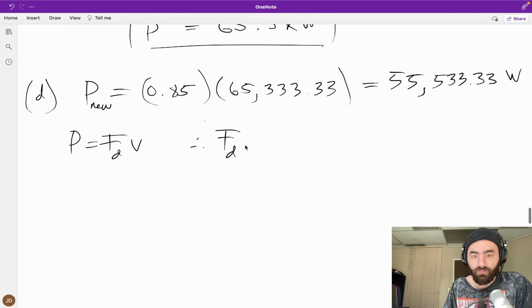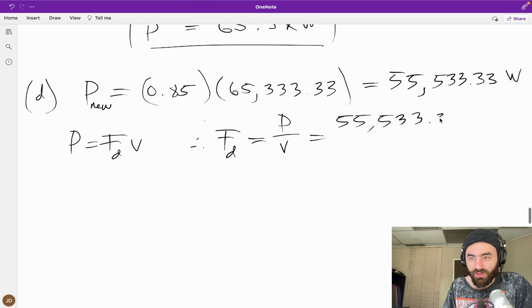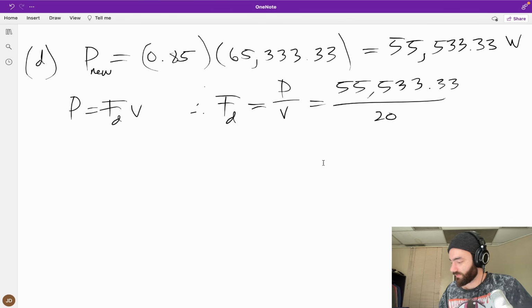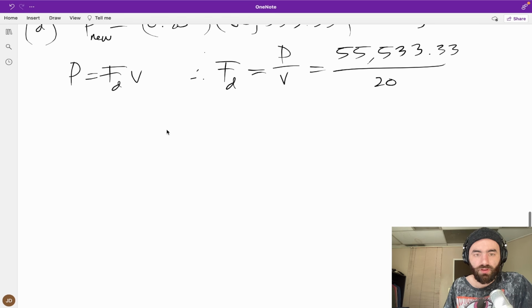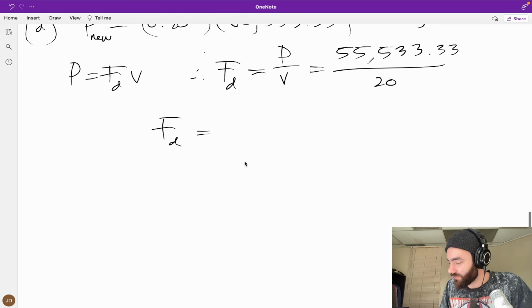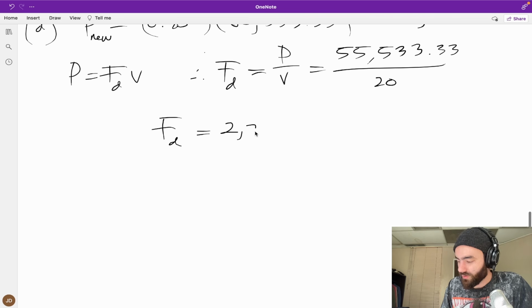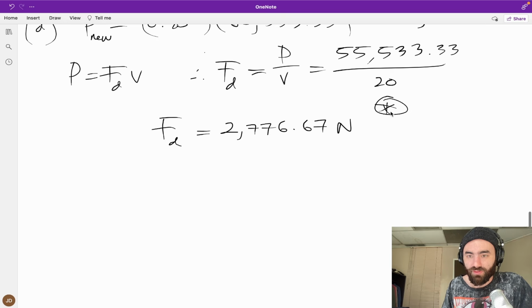So it equals the power over the velocity, divided by 20. This gives us a new driving force of 2776.67 newtons.